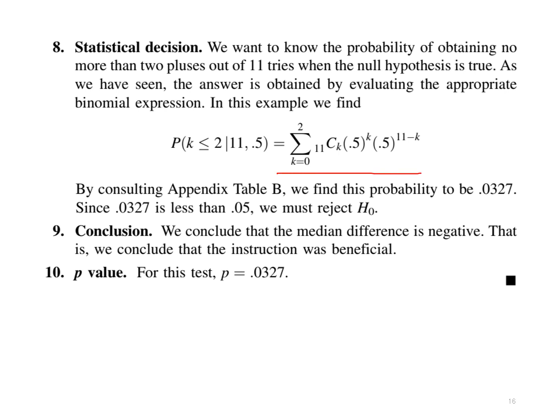The probability is 0.0327, which is still less than 0.05. So we have to reject the null hypothesis. In this case, the calculated value itself is the p-value.